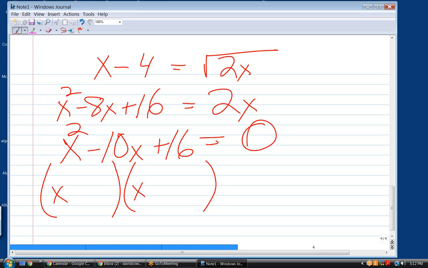Let me teach you my method. First step, separate the x squared. Second step, determine both signs. What do both signs have to be here?